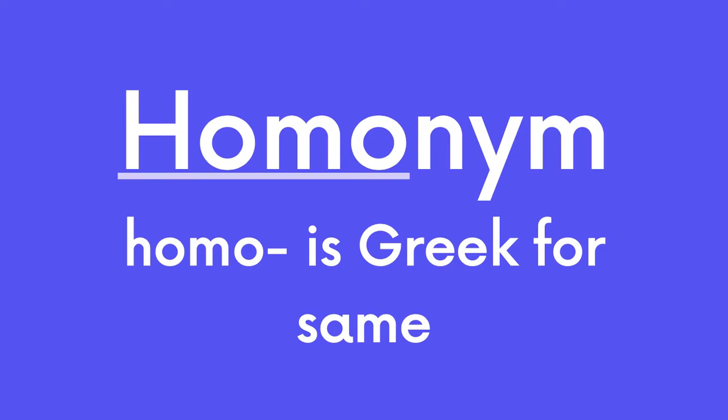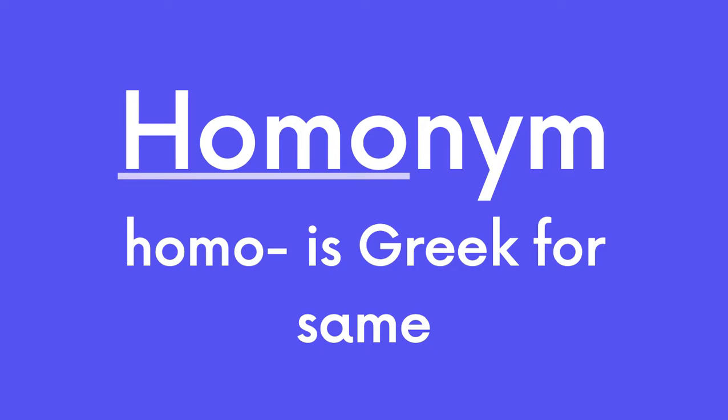So if you look at the word homonym, you will see that the part that is underlined is homo, or the prefix of this word is homo. And homo, in the Greek language, means same. And if you were not aware, the majority of words in the English language are derived from Greek and Latin.